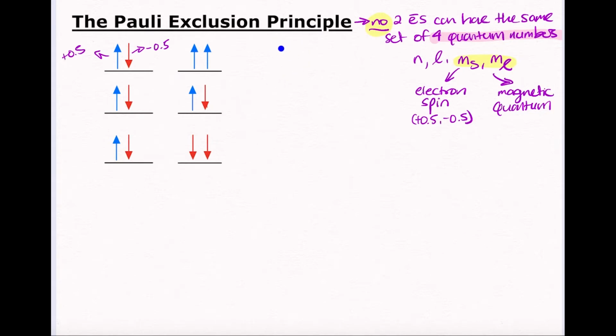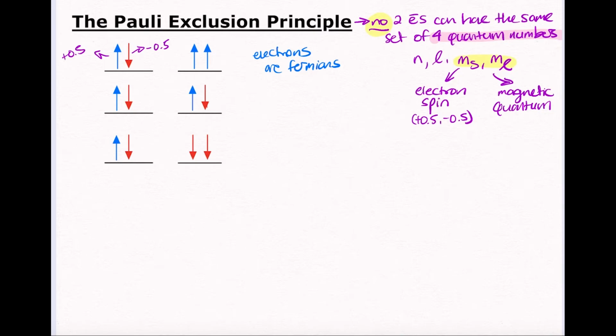That is not permitted. I want to note that electrons are also known as fermions. Fermions are particles that follow certain statistics and have half odd integer spins, and they obey the Pauli exclusion principle.